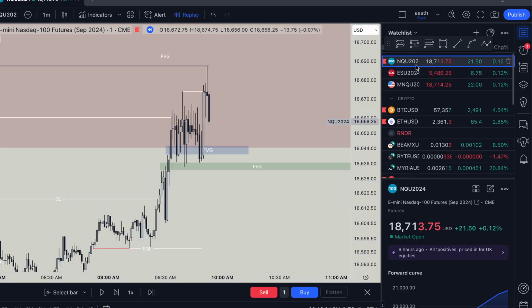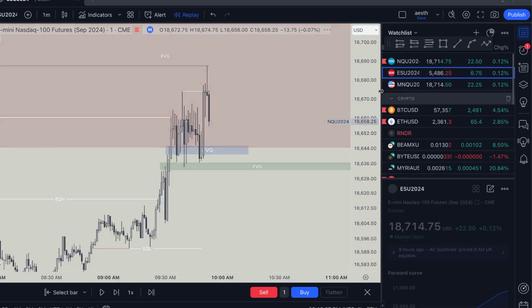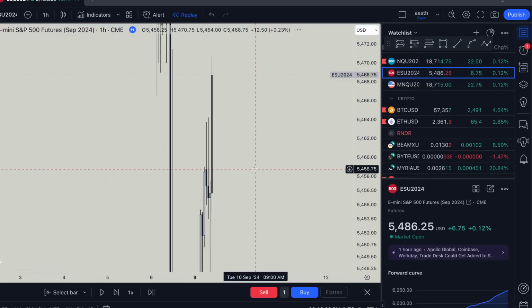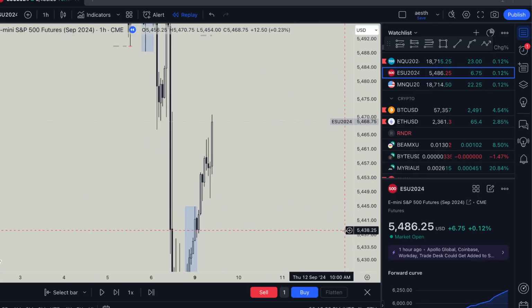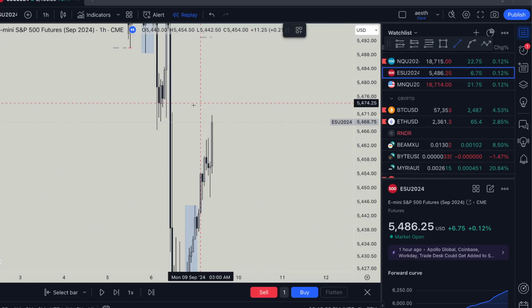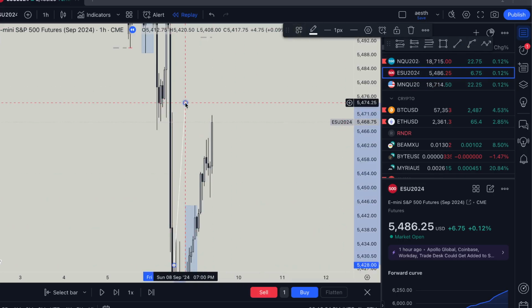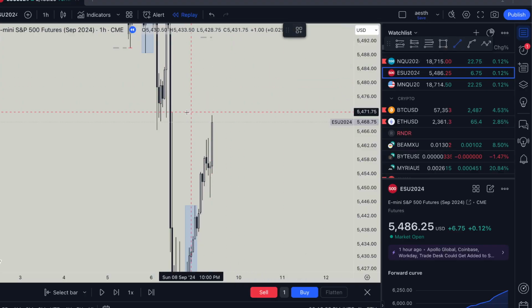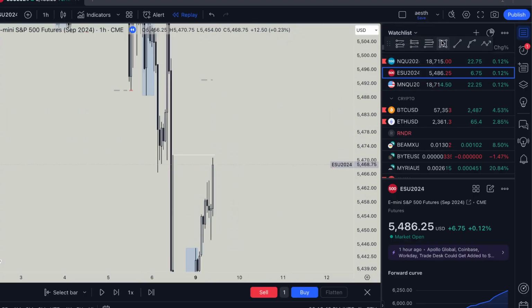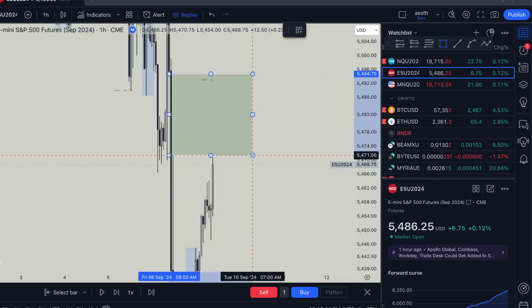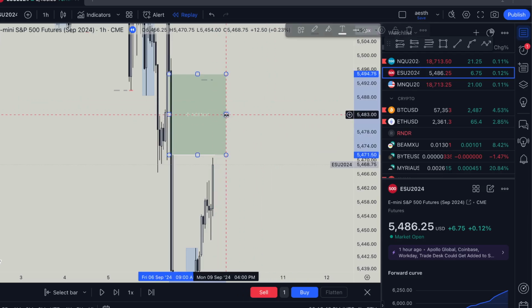Blake was demonstrating here that ES had yet to meet this hourly draw. So as you can see, ES was super close to this unfilled hourly fair value gap right above on ES. And it's always great to have ES as a guide and just helping you determine your draw.